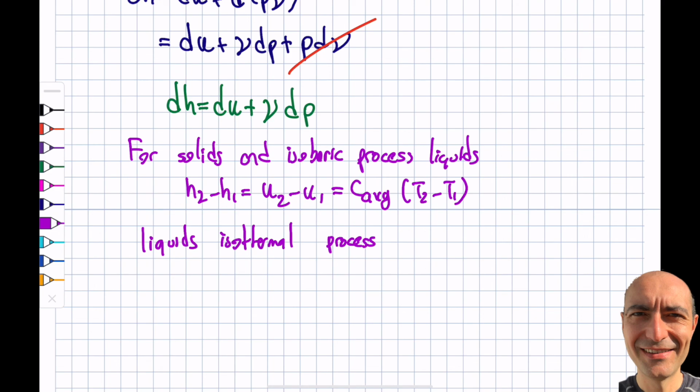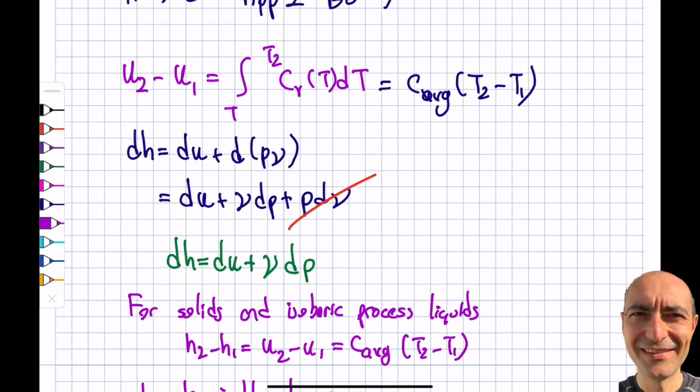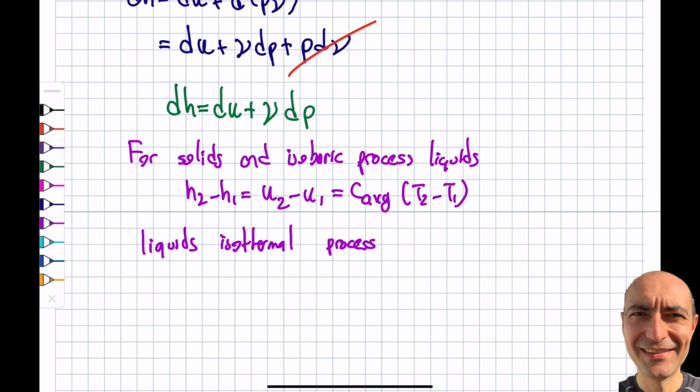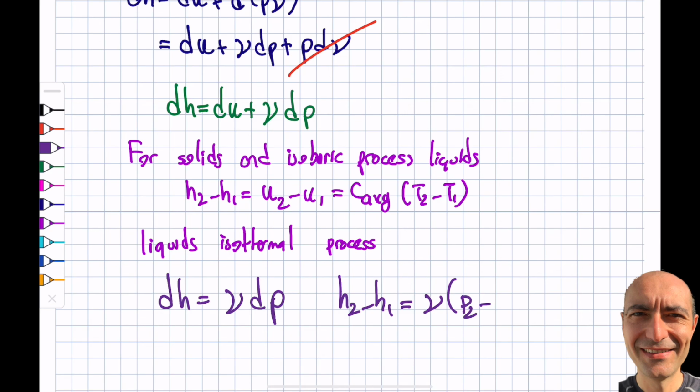I can, absolutely, why not, right? Looking over here, U2 minus U1 will be C average times T2 minus T1. What is T2 minus T1 for an isothermal process? 0. So then dU will be 0. And I can write this H2 minus H1 will be equal to V times P2 minus P1.